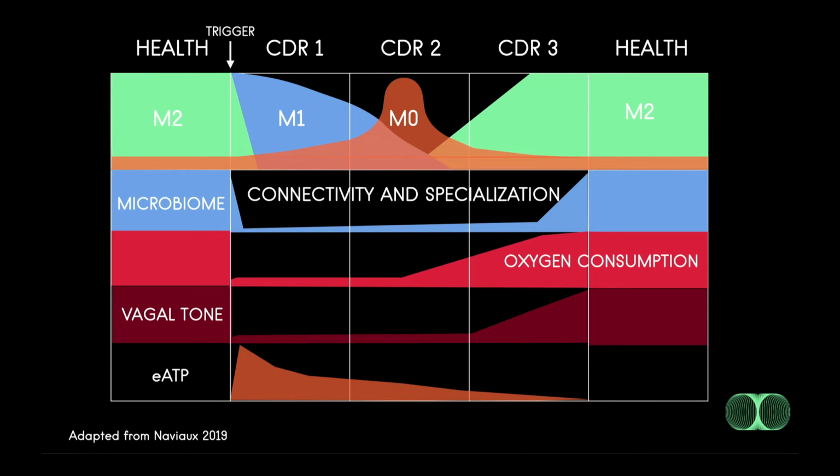So, for example, when a cell enters the cell danger response, and if there's an infection, we intentionally reduce our vagus nerve output. So the vagus nerve is the longest nerve in the body, and it's giving us that parasympathetic, rest and digest nervous system, which is really great if we're not under attack, if we're not under threat, and we don't have an infection. But if we do have an infection, then we don't want to be in that physiology.